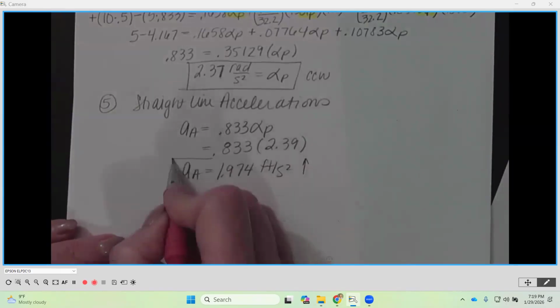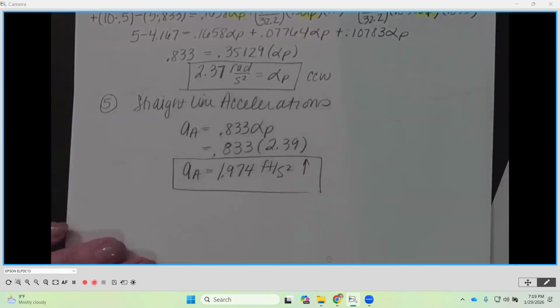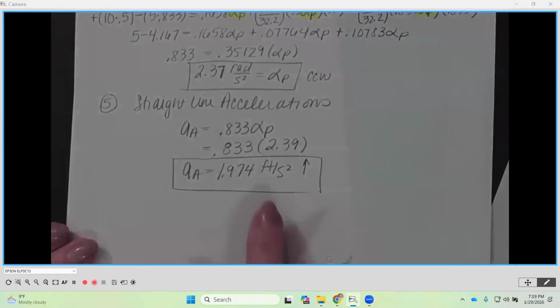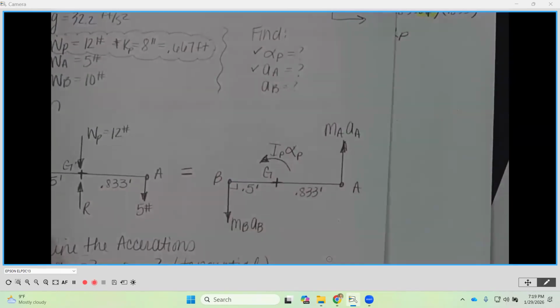It's going up, and that's consistent with our illustration over here. So we have the direction. That's a final answer, and that takes care of our second value.